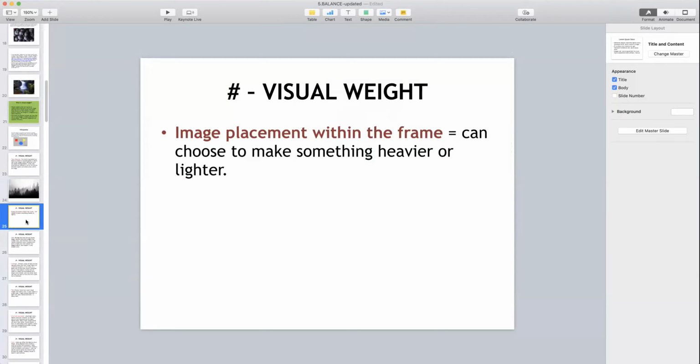जैसे मैंने पहले बताया, something if you keep in a foreground compared to the background, then it will become more important. So there is a relationship also where you want to give an emphasis. जिस चीज को emphasis देना चाहते हैं, और भी एलिमेंट है पोजीशन का, इन द सेंस फोरग्राउंड वर्सेस बैकग्राउंड भी हो सकता है, मिडिल ग्राउंड भी हो सकता है. सो इमेज प्लेसमेंट विदिन फ्रेम कैन चूज टू मेक समथिंग हैवियर और लाइटर. जो बाहर फ्रंट में है दैट विल लुक मोर हैवी बिकॉज द साइज इज बिगर.